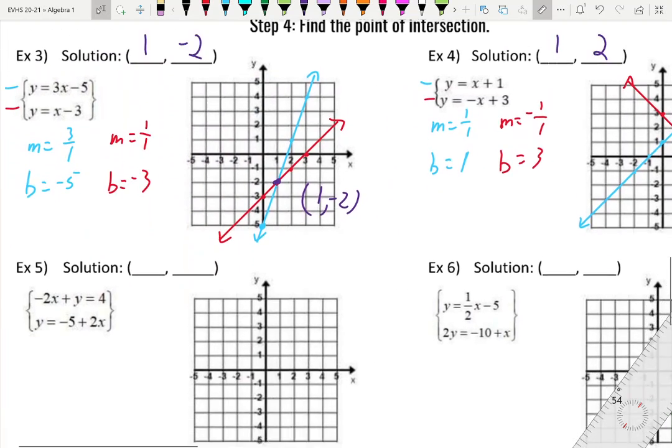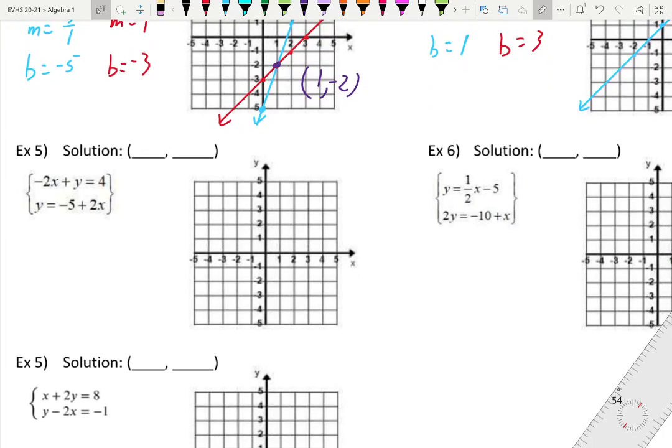Okay, now example 5. This is the first one we have where it doesn't exactly have y equals at the beginning, so I'm going to have to do that one. Here we have -2x plus y is equal to 4. I'm going to fix that by adding 2x on both sides, which leaves me with y equals 2x plus 4.